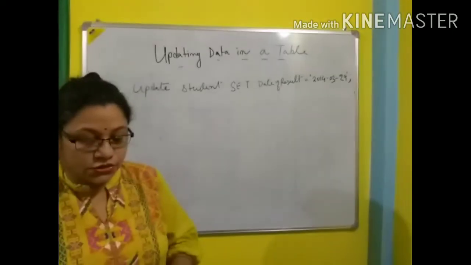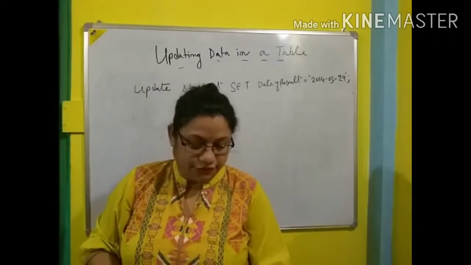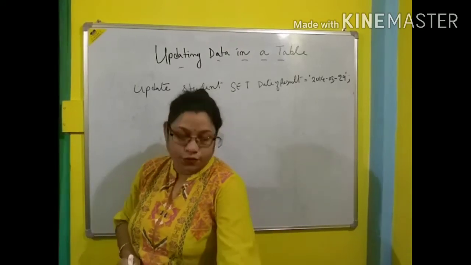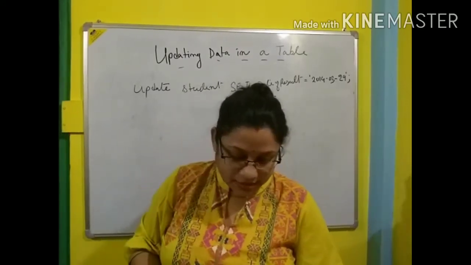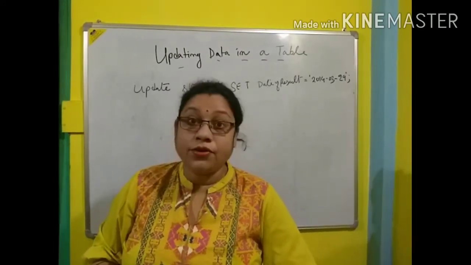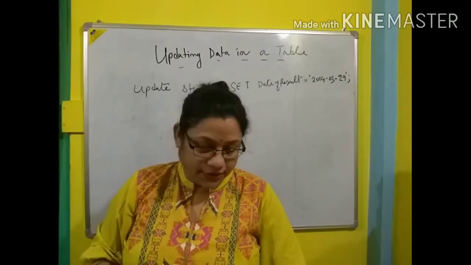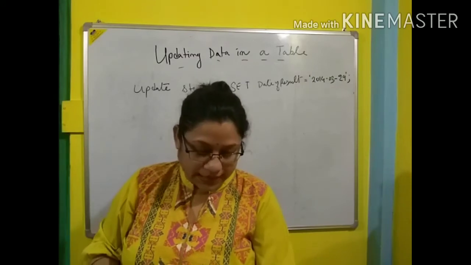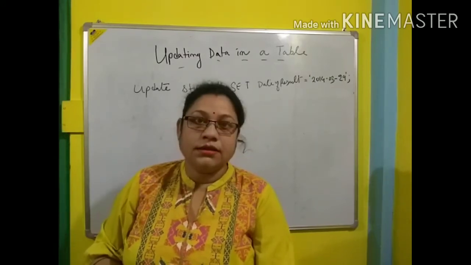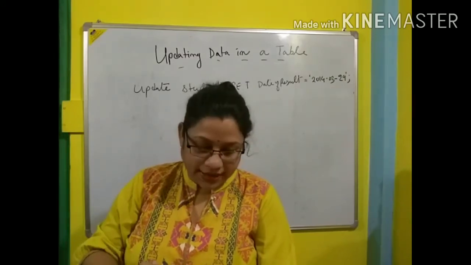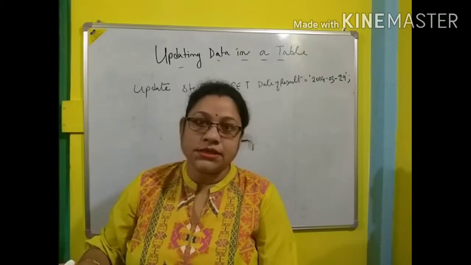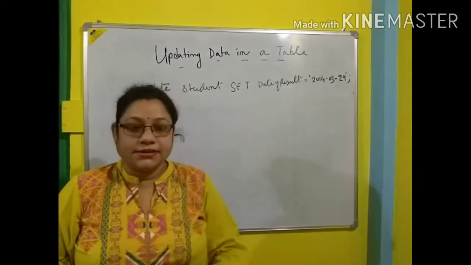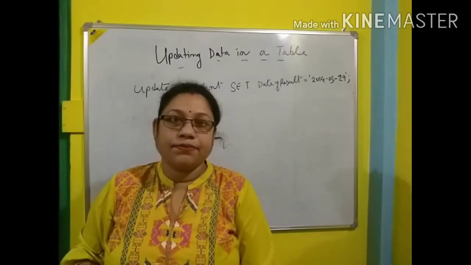So look at the figure from your book, that is 12.44. Look at here, there are 8 rows. 8 rows are affected in date of result. So look at there, all the older dates will be erased and a new date, that is 29th March, is inserted.